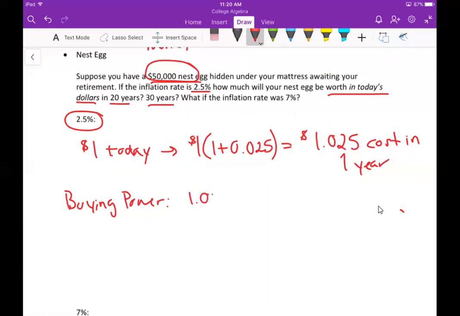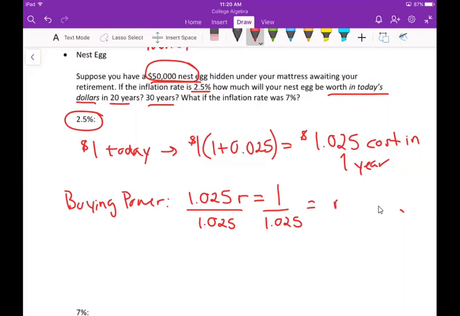In a year, it's going to cost 1.025. What did I take that times to get down to $1? If you think about it that way, you're thinking, okay, I'm going to divide by 1.025.